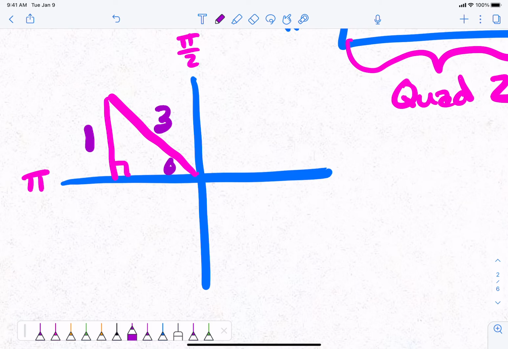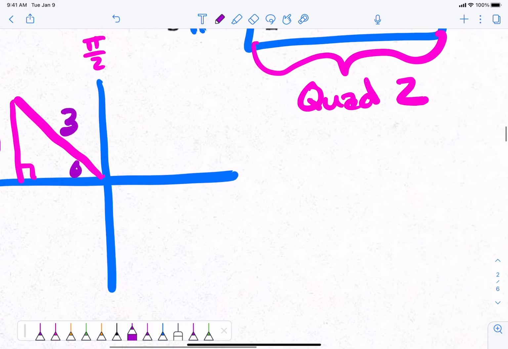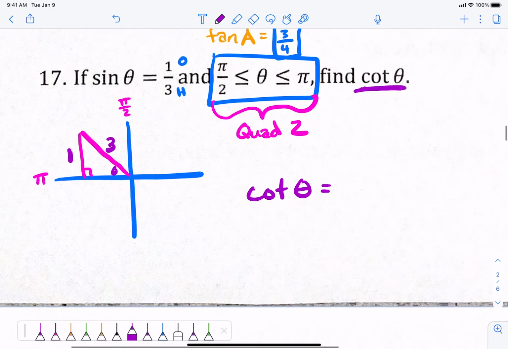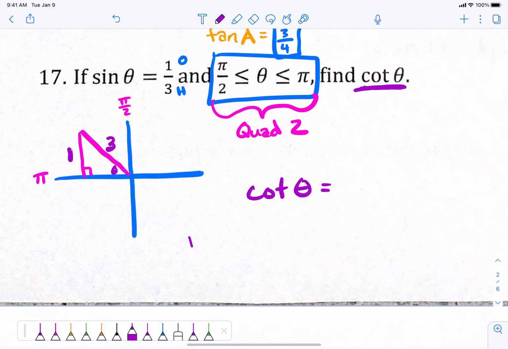Ultimately, we're trying to find cotangent of theta, right? And cotangent is the opposite of tangent, and tangent is TOA. So cotangent will be AO instead of OA, right? So that's what cotangent we need. So we have to find this guy right here.